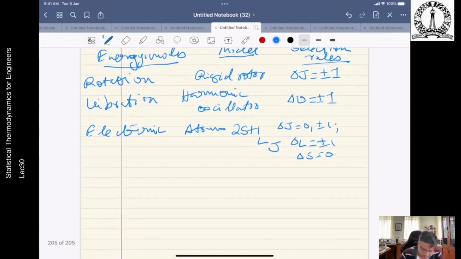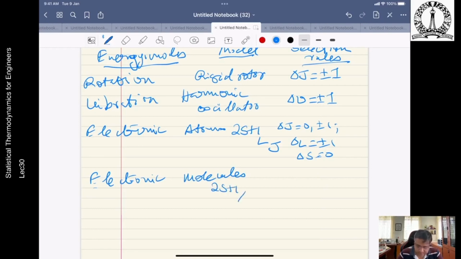Then of course electronic, and this is the last one, this is for molecules, 2S plus 1, plus minus 1, delta S is equal to 0.